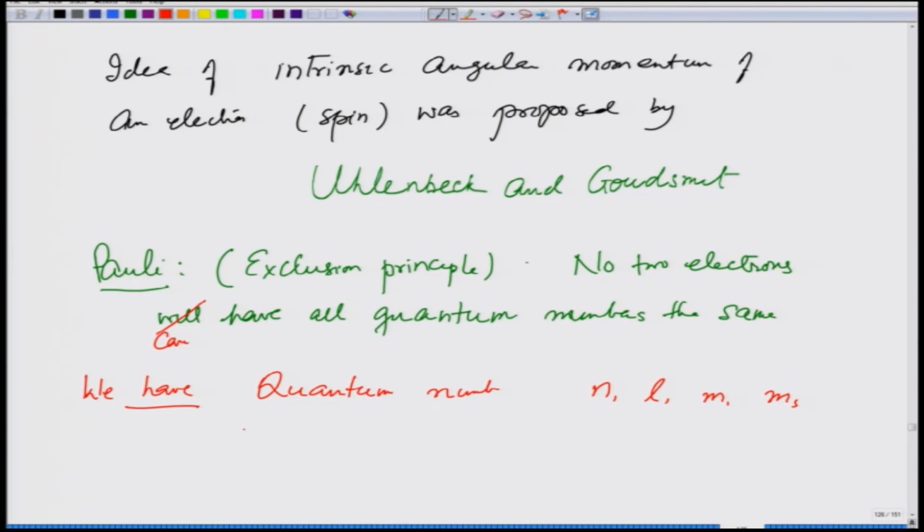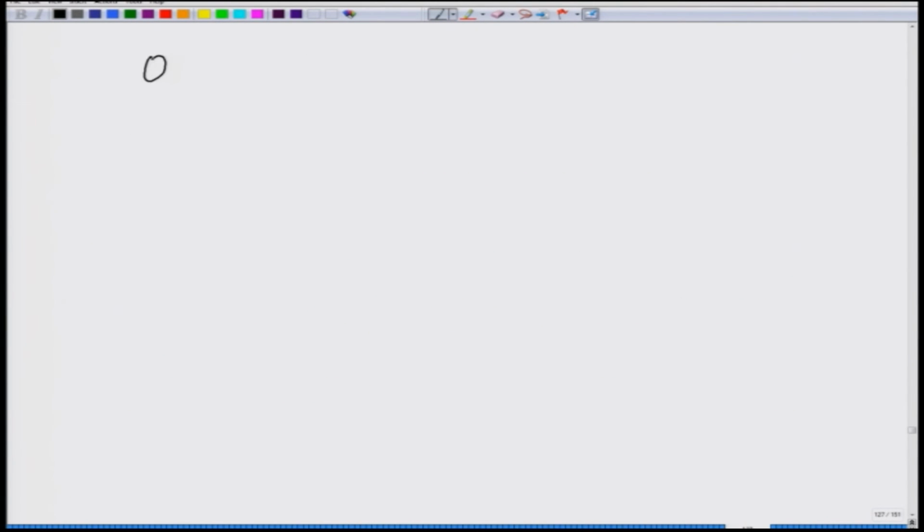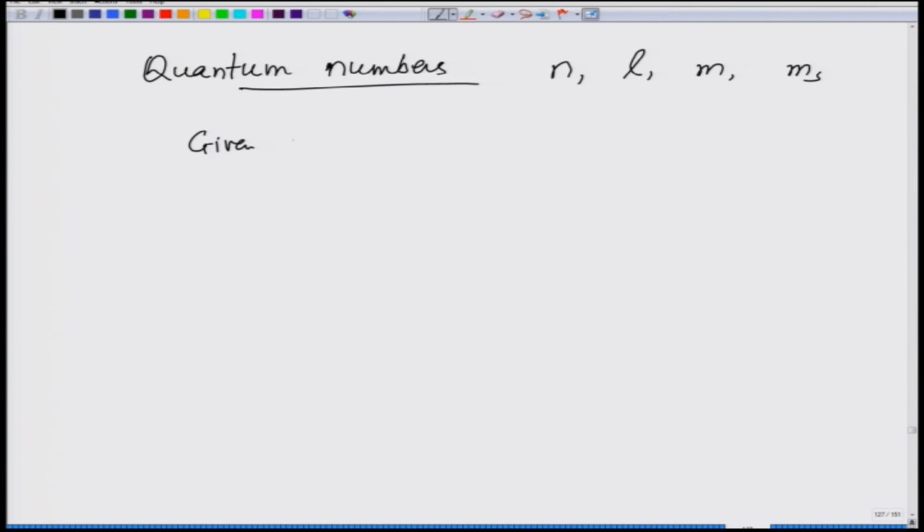Now, for a given n, remember what were the k values? K values were 1, 2 and up to n, but we are no more interested in k. Instead, what we have is L, which is equal to k minus 1.